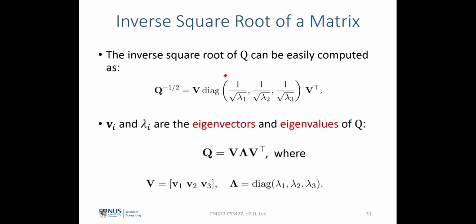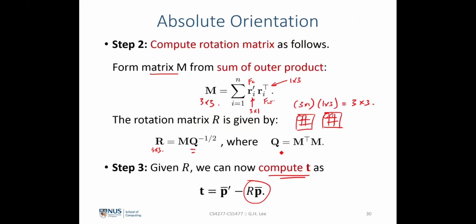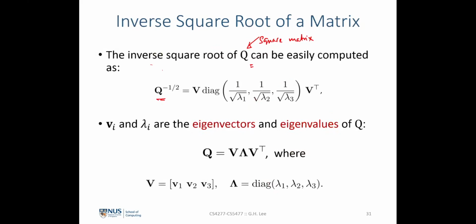And more specifically, the way to compute the square root of the inverse of Q would be to make use of the eigenvalues and eigenvectors. So because this is a 3 by 3 square matrix that is given by this equation over here, M transpose multiplied by M, it's actually also a symmetric matrix.